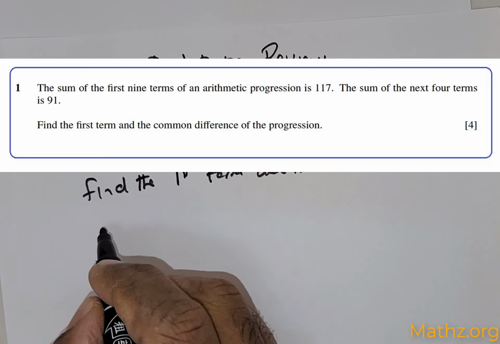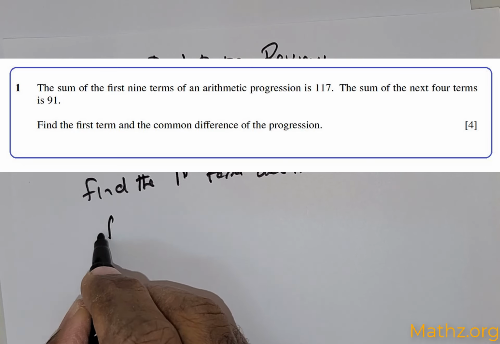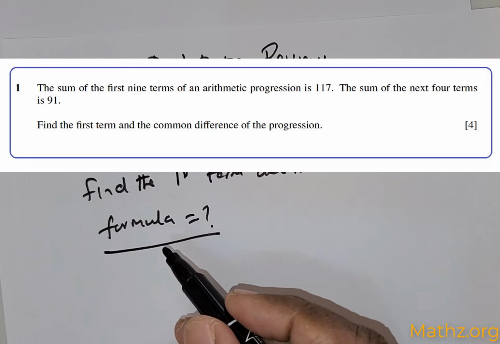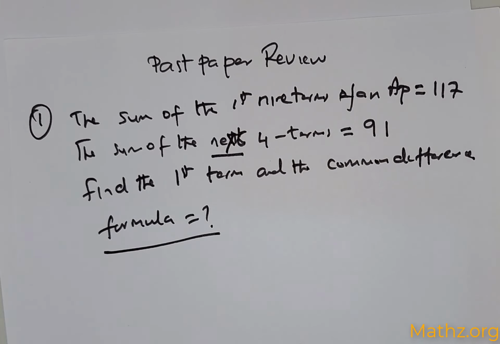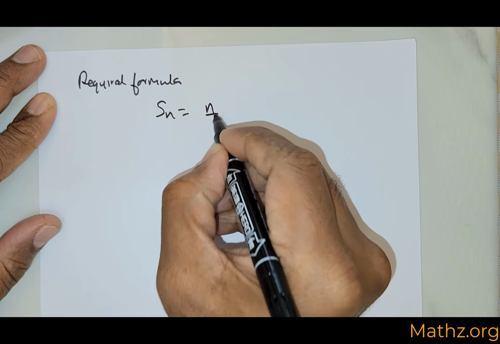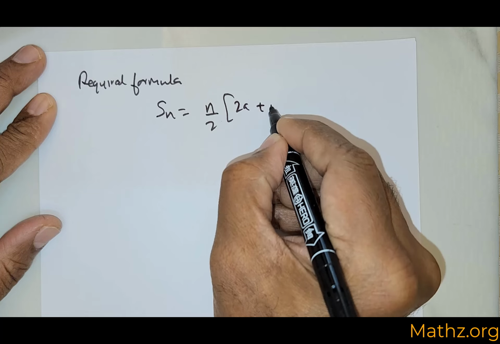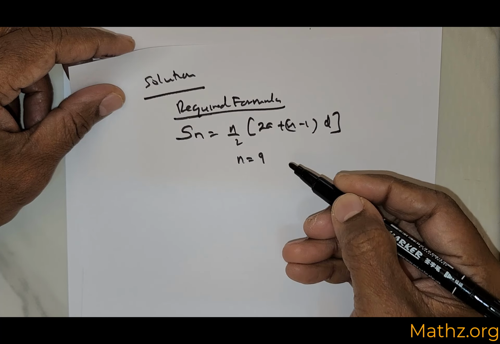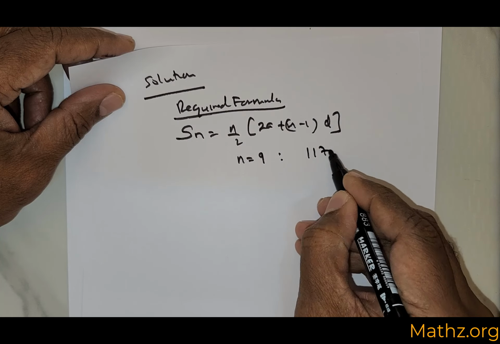Now foremost, I want you to give me the formula for finding the sum of the terms. So tell me, in AP what is the required formula? We got Sn is equal to n over 2 times (2a plus (n minus 1) times d). First 9 terms is given to be 117.